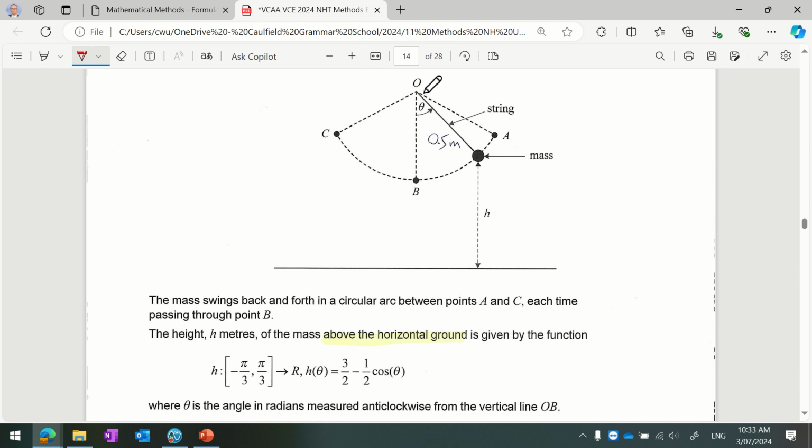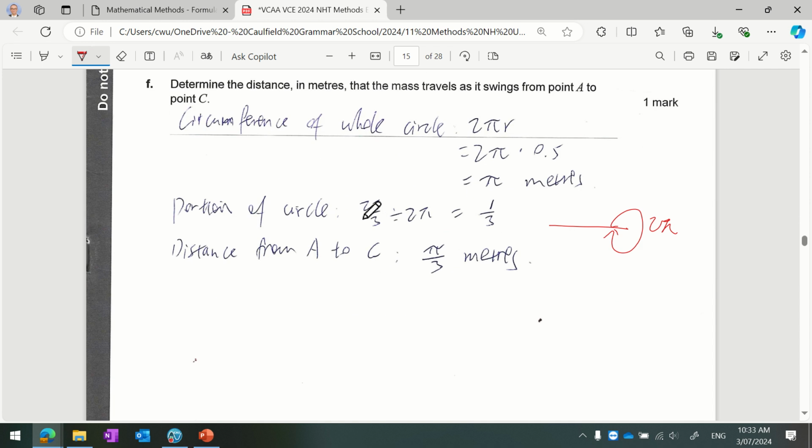So if we do 2 pi over 3 over 2 pi, the angle we are traveling divided by the angle of the whole circle, we get the portion of the circle traveled, which is 1/3 of a circle. So we take the whole circumference times 1/3, and we get the answer, pi over 3.